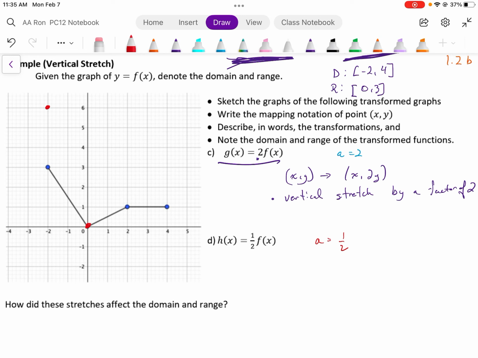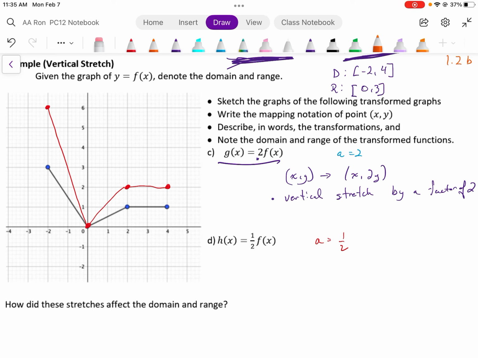Well, we multiply our y value by 2. That is 0 times 2 is 0. 2, 1 turns into 2, 2. 4, 1 becomes 4, 2. So this is my newly transformed function.